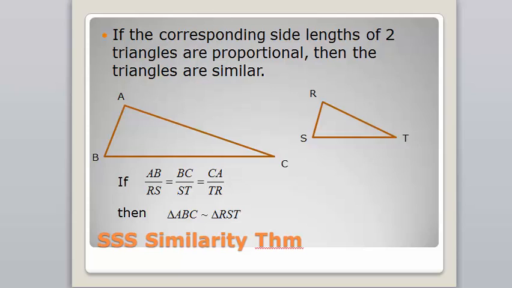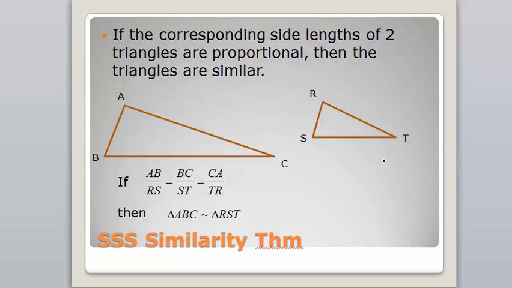Notice this is the SSS similarity theorem. It can be proven. We're not going to do that right now. We may down the road, but right now we're just going to focus on the basics.